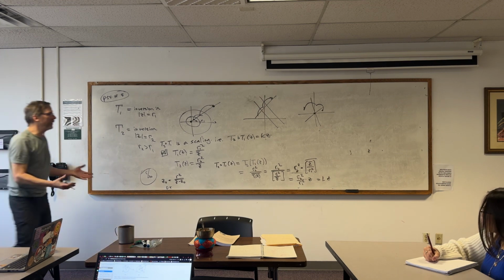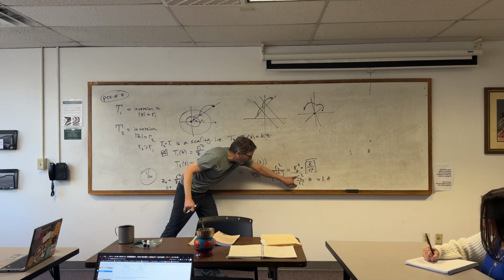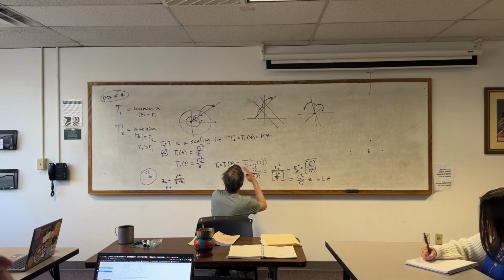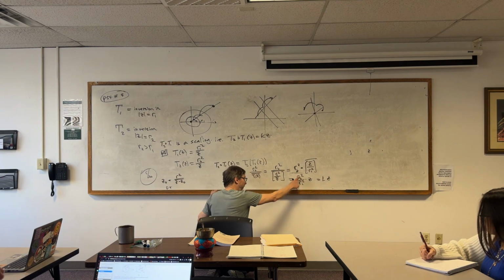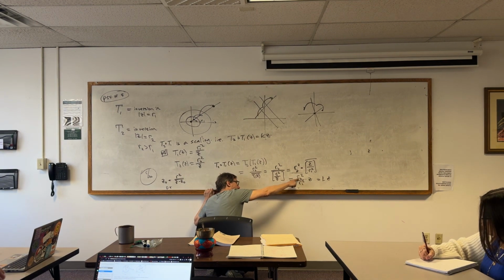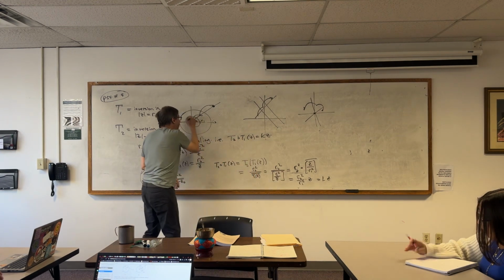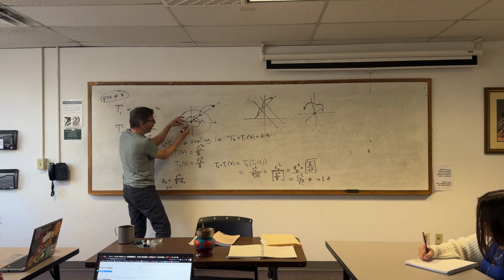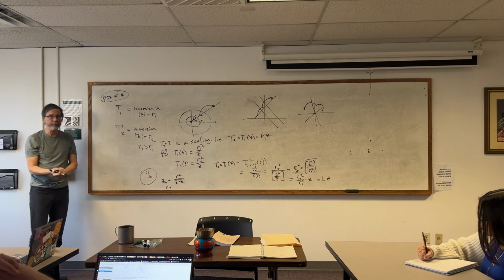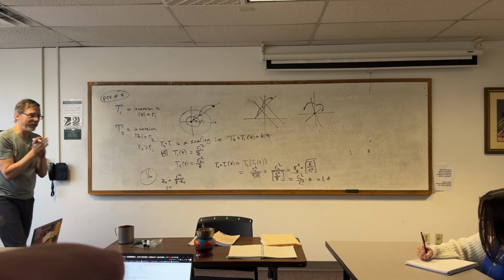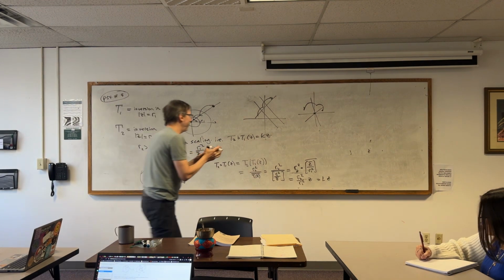And depending on the ratio of the radii, we're going to get a different scaling factor. If R2 is bigger, like I've drawn it, you actually expand. This is greater than 1. If R2 is less than R1, I'm shrinking. So if R2 was inside R1, I would have shrunk myself a little bit.